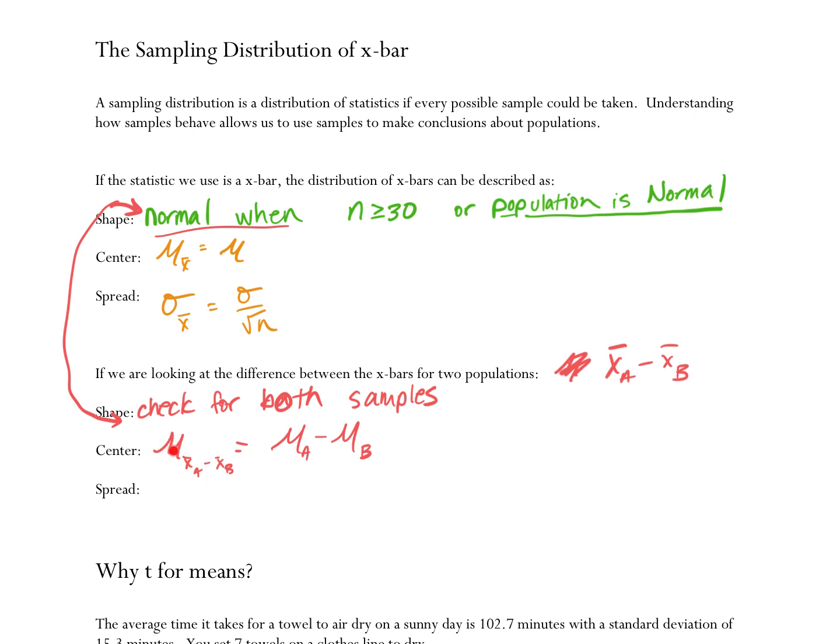So when I write this mu and then I have this subscript here, this is saying the mean of the distribution I would get if I take a sample from A, a sample from B, measure the means of both of those, and subtract them. Then on average, those answers are going to be the difference between the two population means. So think through the notation here and what it means.